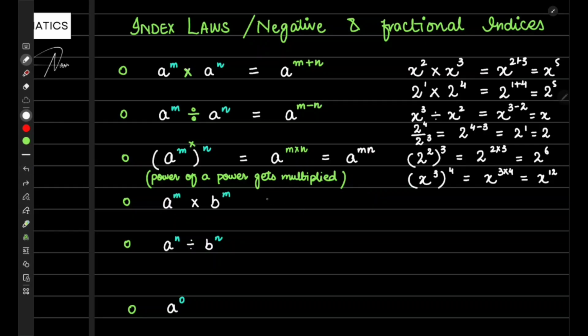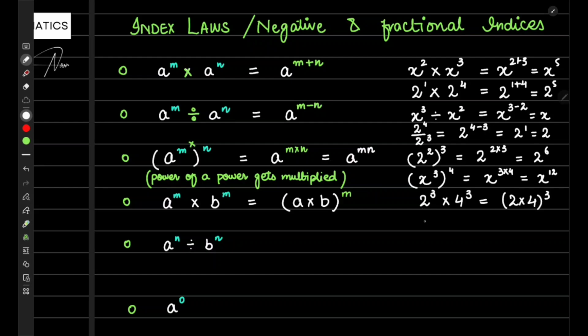In such a case, you can multiply these numbers or variables and write their power as one whole, a common power. For example, if you have 2 to the power 3 multiplied by 4 to the power 3, you have the same power, so you can write it as 2 multiplied by 4 whole power 3.